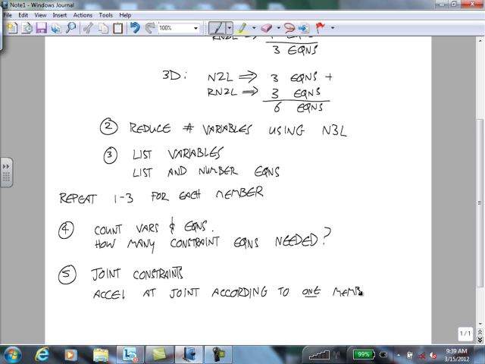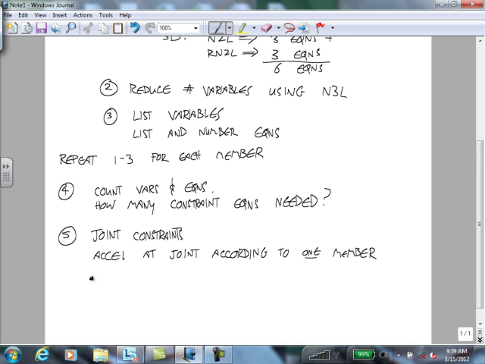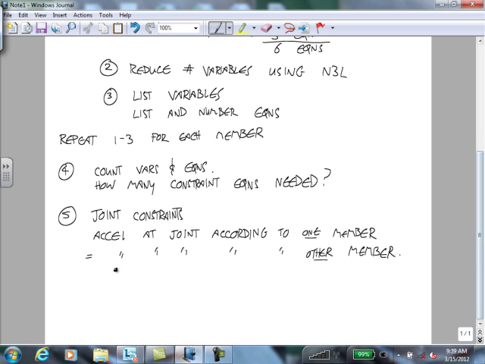The acceleration is equal to angular acceleration crossed with r plus omega cross quantity omega cross r. You'll use this one always. And then you'll also use the relative motion equation sometimes.